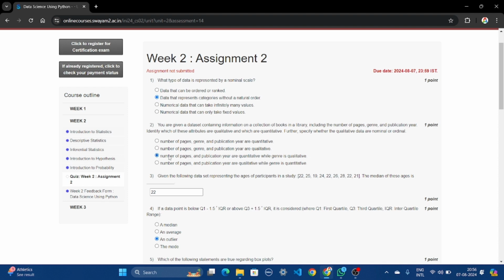So here, number of pages and publication year are quantitative data. As we know, these are numerical and measurable data. So this comes under quantitative data, while genre is categorical data, so it falls under qualitative data. So the correct option will be option C.